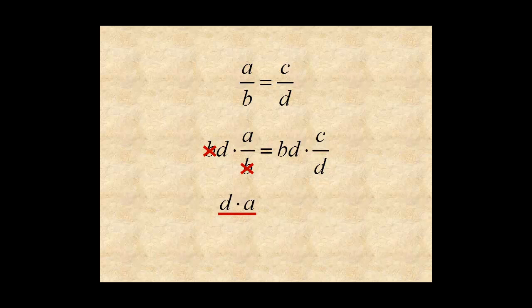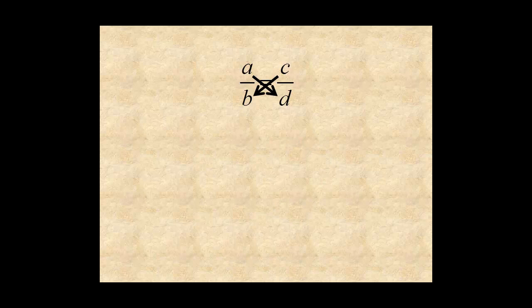On the right, the factors of d cancel, and you have b times c. Use the commutative property on the left, and you have a times d equals b times c. The cross products of a proportion are equal.